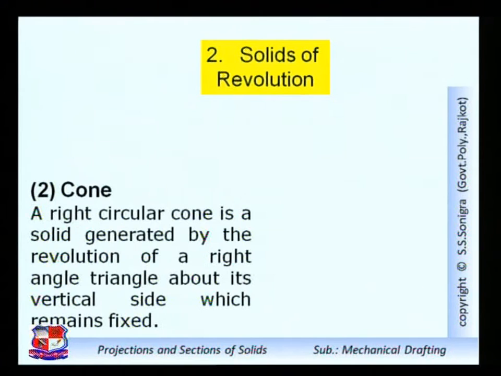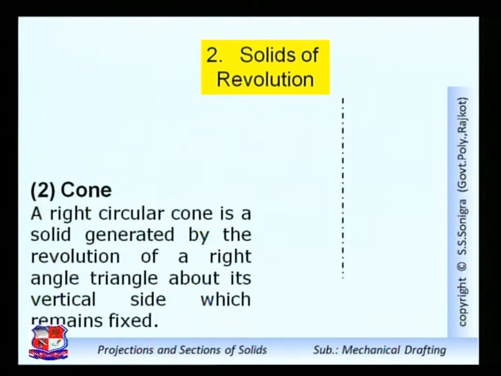Now second, that is cone. A right circular cone is a solid generated by the revolution of a right angle triangle about its vertical side, which remains fixed, and this vertical side is called the axis of the cone.